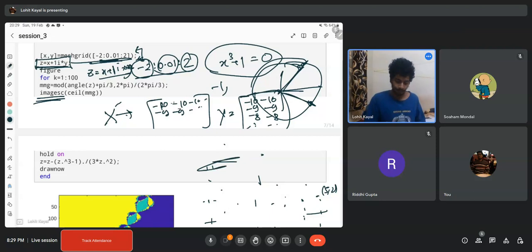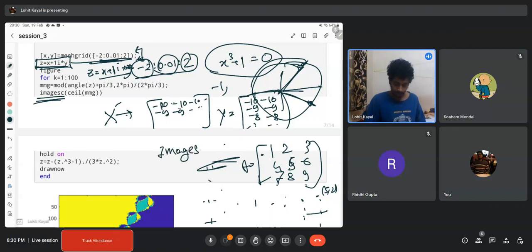suppose you have a matrix. Okay, it was 1, 2, 3, 4, 5, 6, 7, 8, 9. If you suppose this is A, and you just do imagesc of A, imagesc will basically generate a plot based on your matrix.